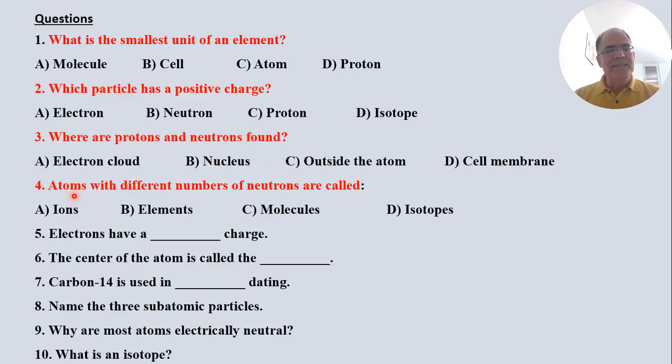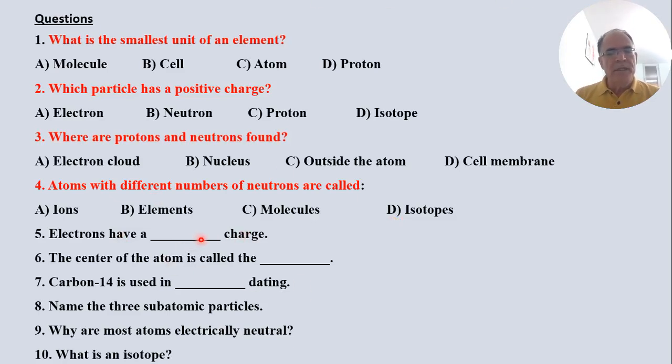Atoms with different numbers of neutrons are called: ion, element, molecule, isotope? Different numbers of neutrons, isotope. Isotopes are very important in estimating the age of old things, such as bone fossils or old organisms that lived many years ago.